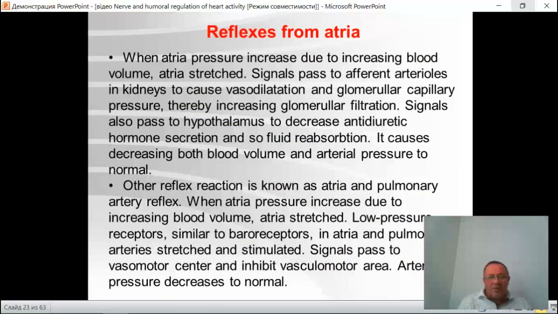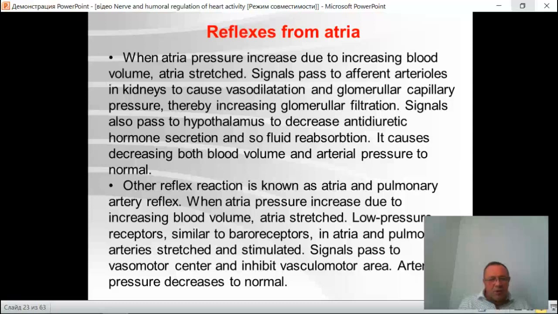Next, information about reflexes from atria. When atrial pressure increases due to increasing blood volume, atria stretch. Signals pass to afferent arterioles in the kidney to cause vasodilation and increased glomerular capillary pressure, thereby increasing glomerular filtration.